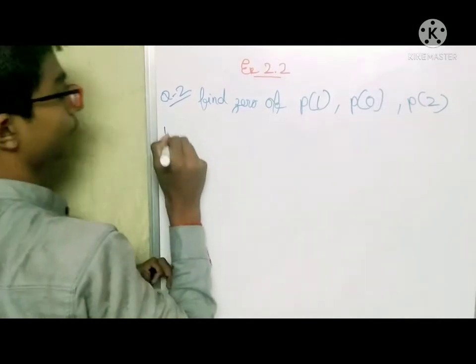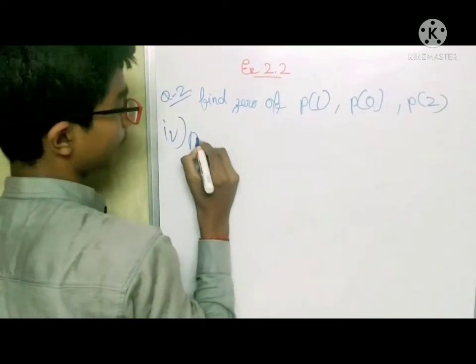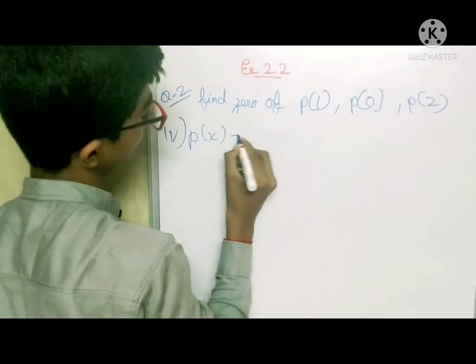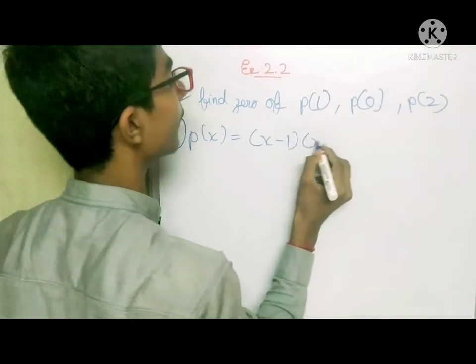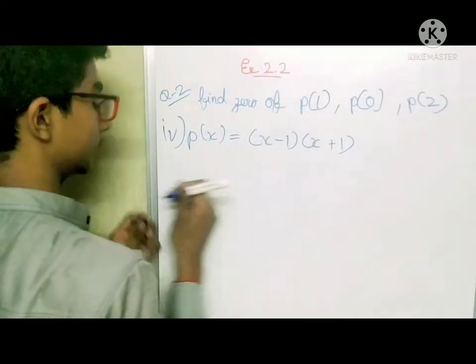Okay, fourth one, p of x is equal to x minus 1, x plus 1.